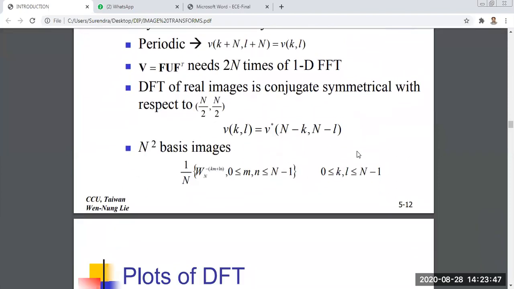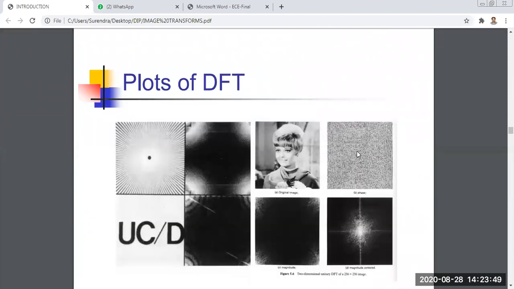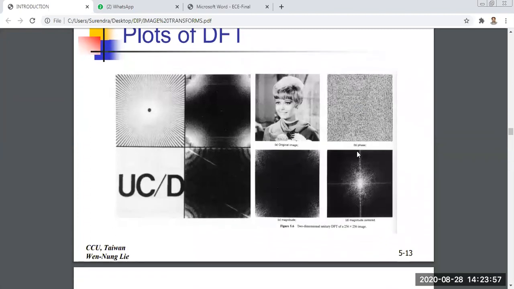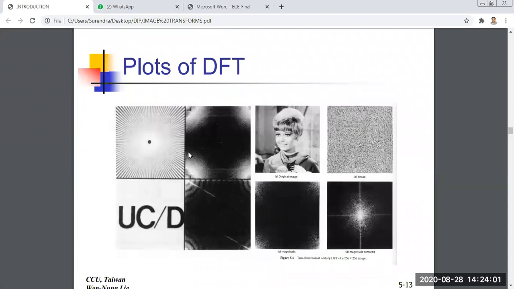Next, the application. What is the application of your discrete Fourier transform on an image? Clearly observe what happened. The first part is 1, 2, 3, 4. This is the second part. My A is the original.